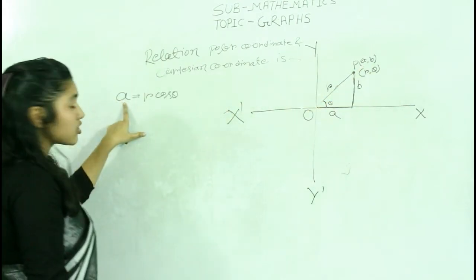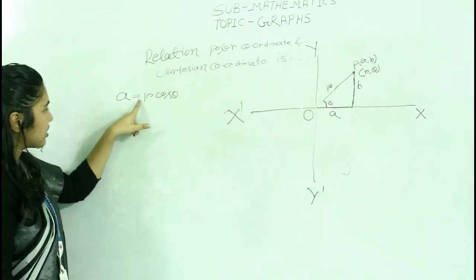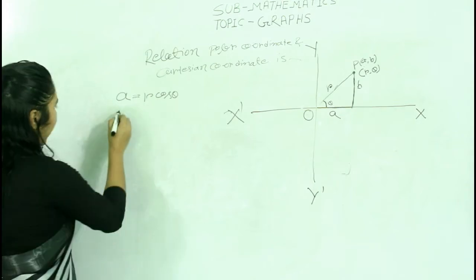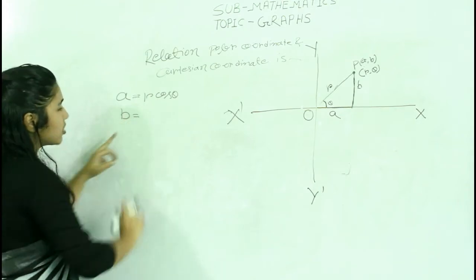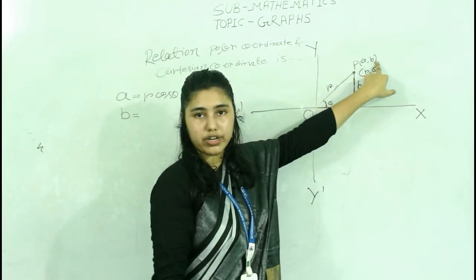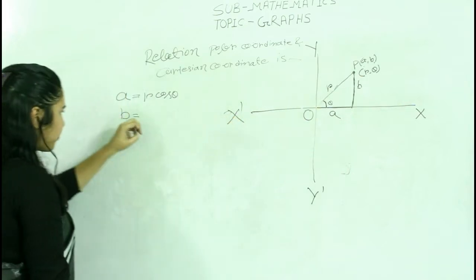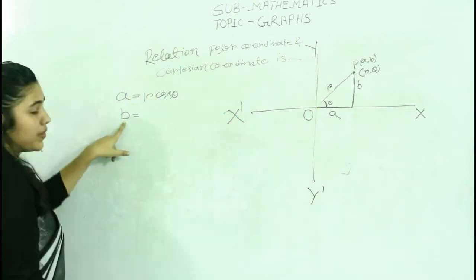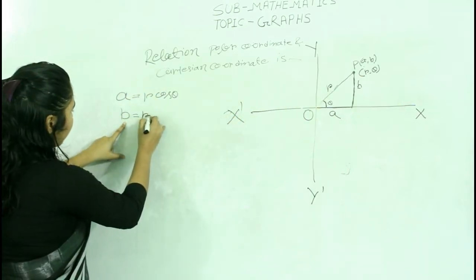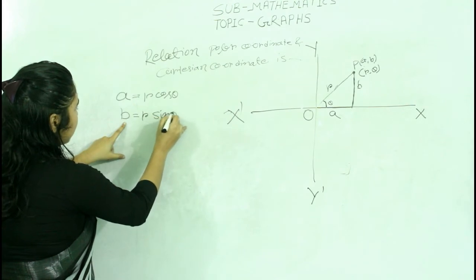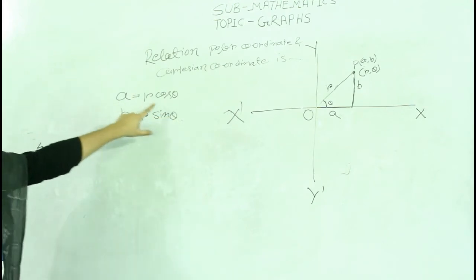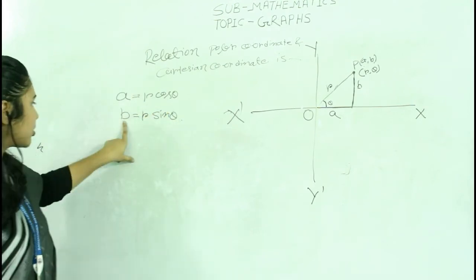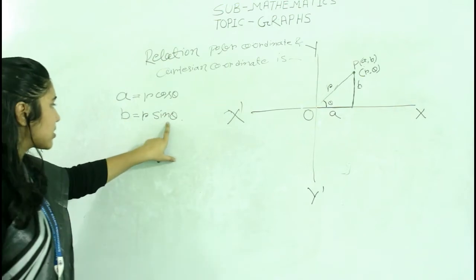And b, which is the y coordinate of the Cartesian coordinate, b equals r sin theta. So with the x coordinate take cos theta and with the y coordinate take sin theta.